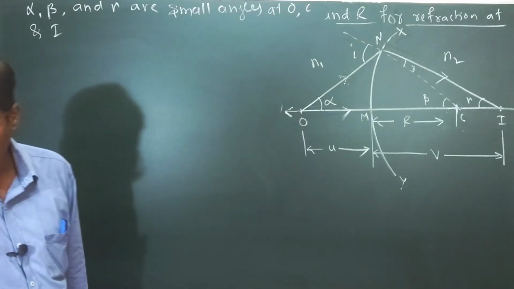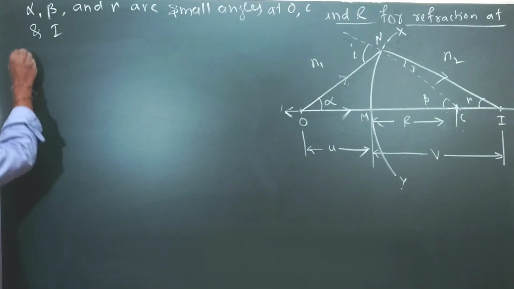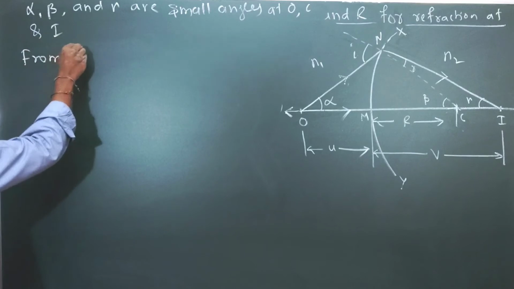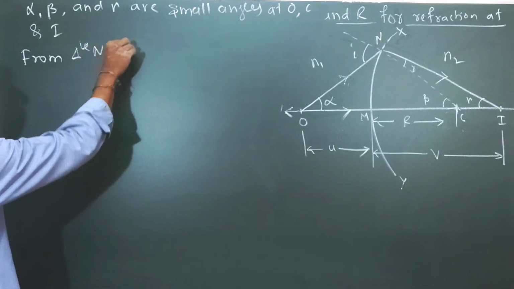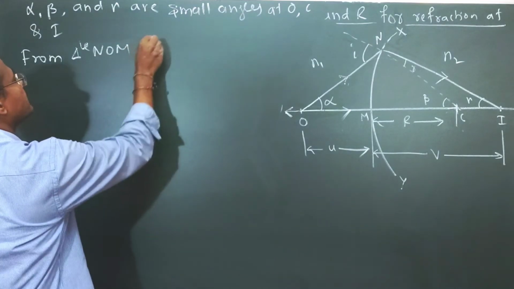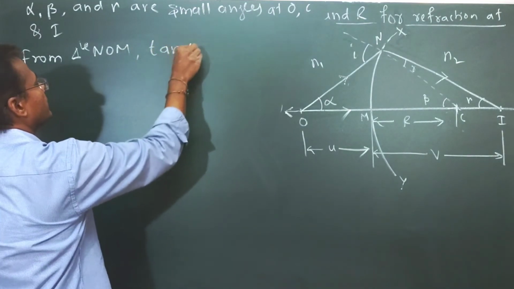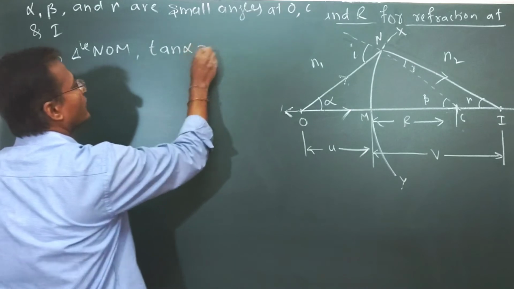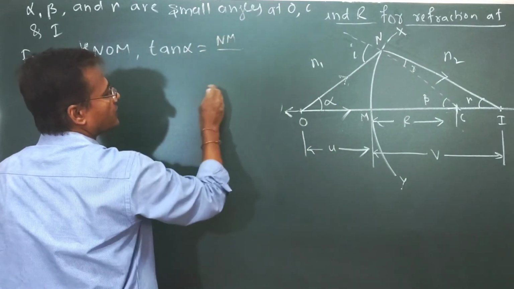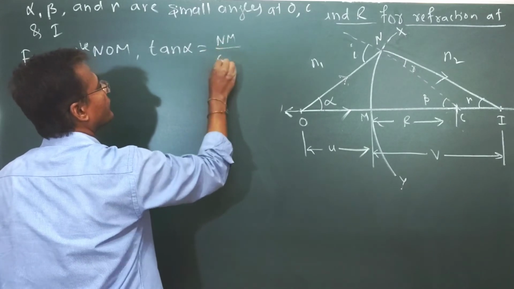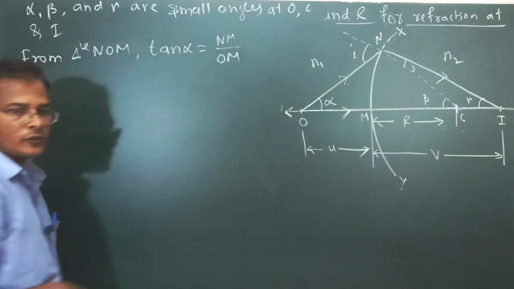So from triangle NOM, we can see tan alpha equals opposite by adjacent. Opposite is NM divided by adjacent OM. So tan alpha equals NM divided by OM.